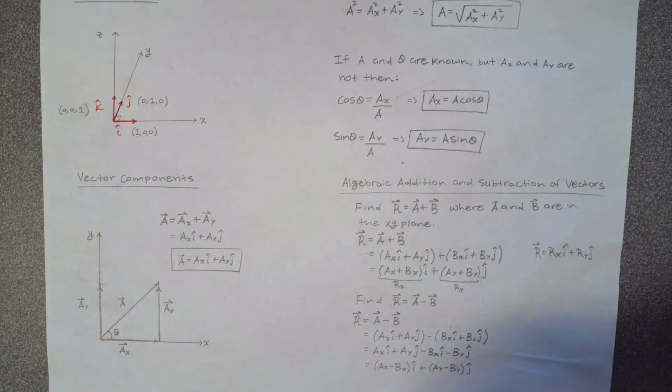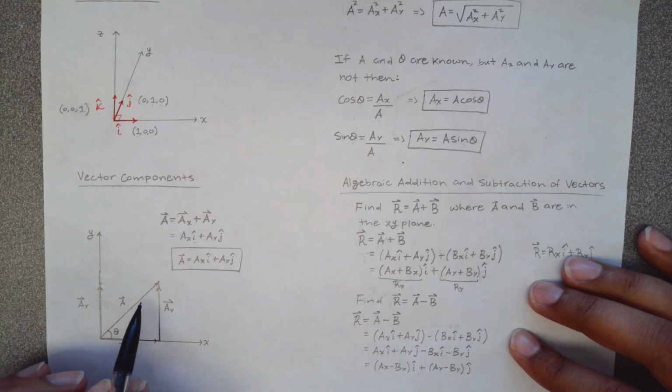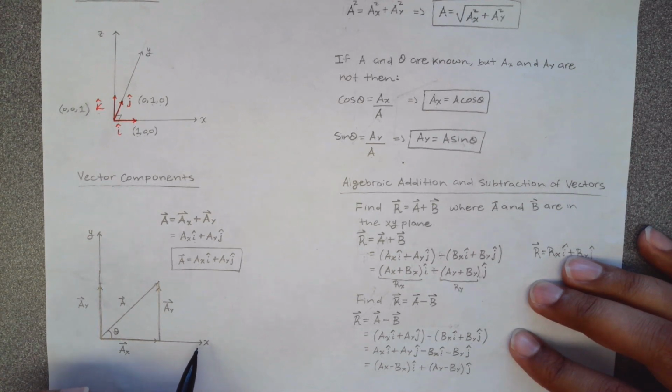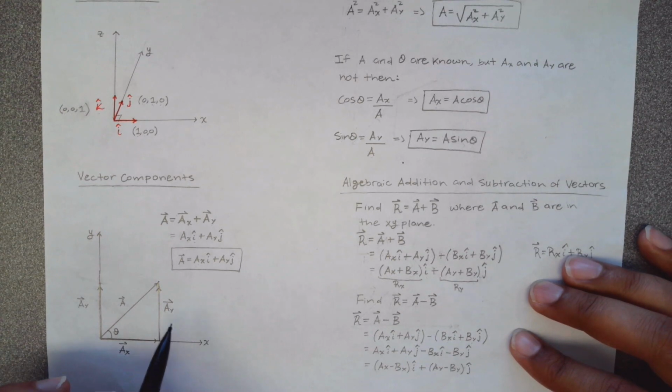So what is a vector component? What you see here is this vector A, which makes some angle theta with the x-axis. The vector components of this vector are just the projection of the vector along the x and along the y direction.